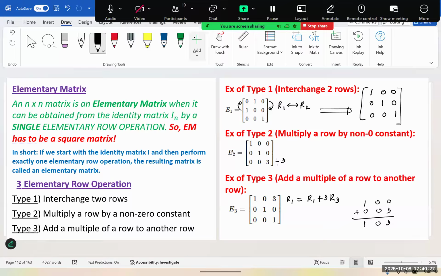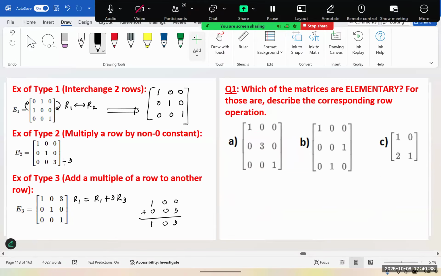Any questions? Any comments so far? No? Okay, then you have a few to work on. Try this and figure out whether they are elementary matrices or not.